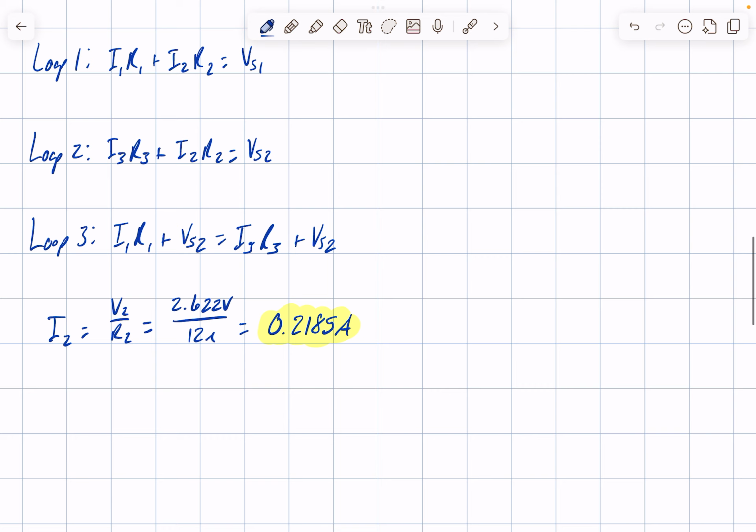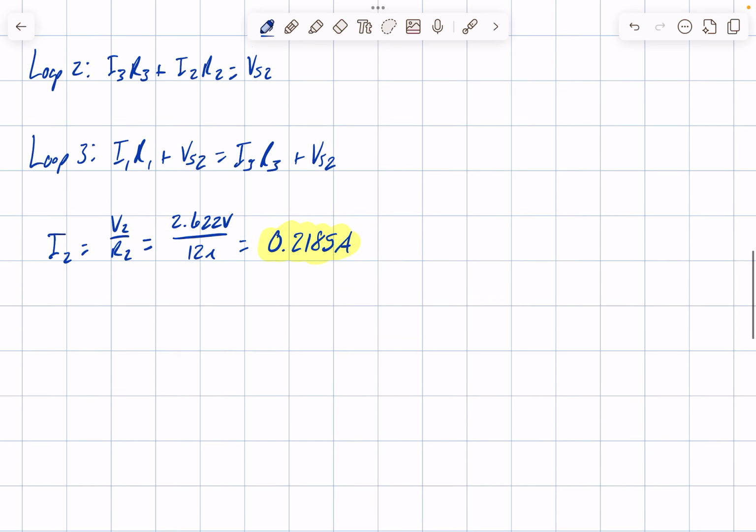Now that we did that, we can go ahead and find other values. So we can go ahead and find voltage 1 actually also. And this is coming from our loop equation, the first one that we made, which is V1 plus V2 equals VS1. And since we know the values of V2 and also VS1, we can solve for V1.